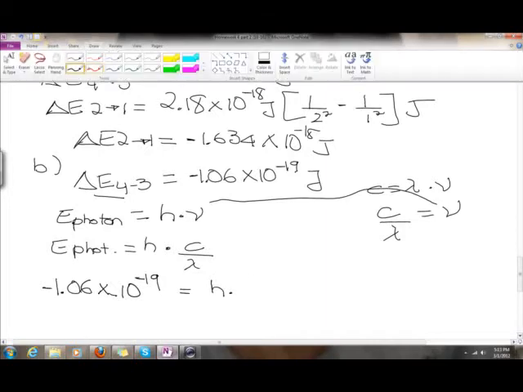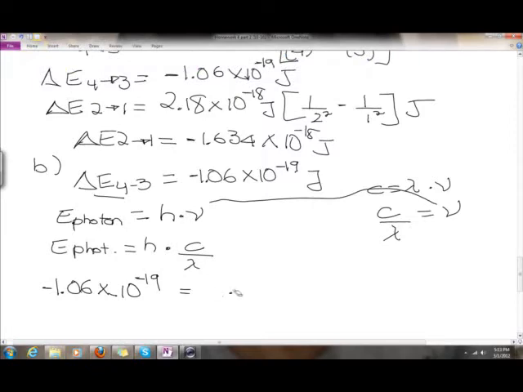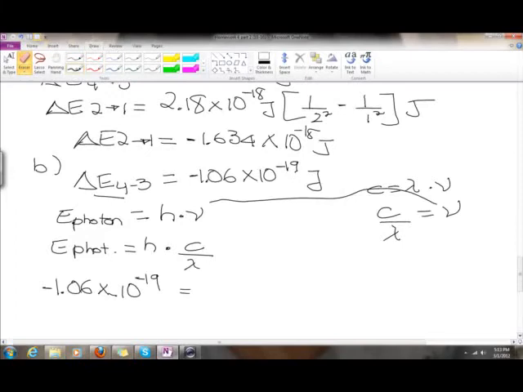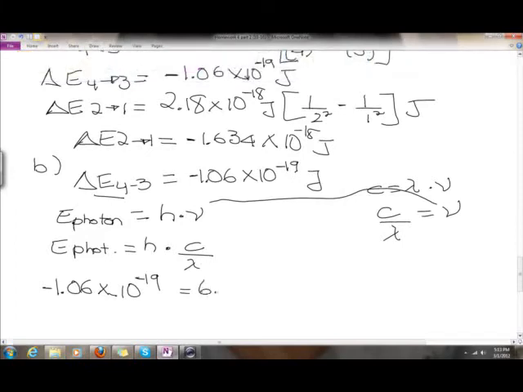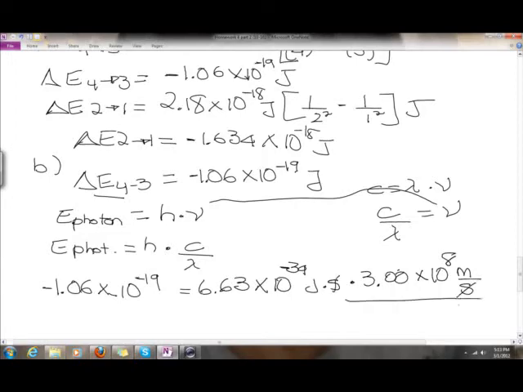What is the Planck constant? 6.63 by 10 to the minus 34 joules multiplied by second, multiplied by 3.00 by 10 to the 8 meters per second, and divided by wavelength.